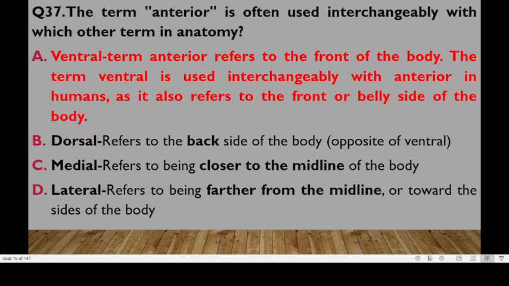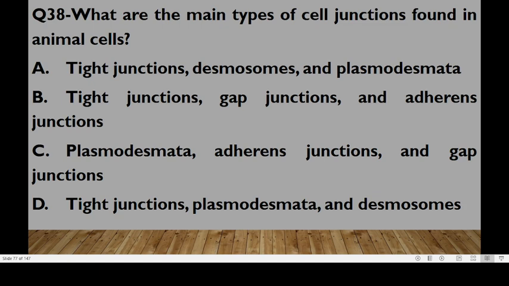Anterior, ventral, right? The front of the body. The term ventral is used interchangeably with anterior in humans, as it also refers to the front or the belly side of the body. Remember, dorsal is the back, medial is closer to the middle, while lateral is farther from the midline.